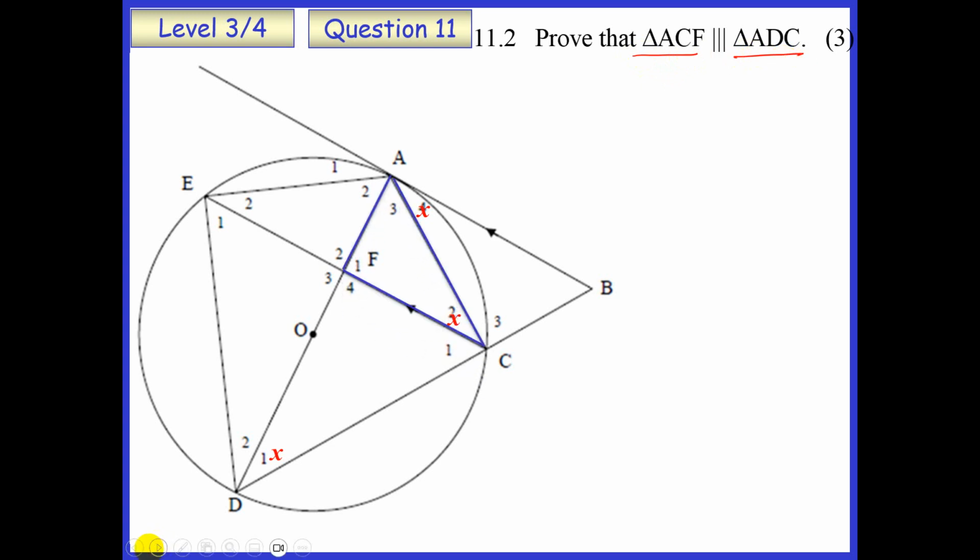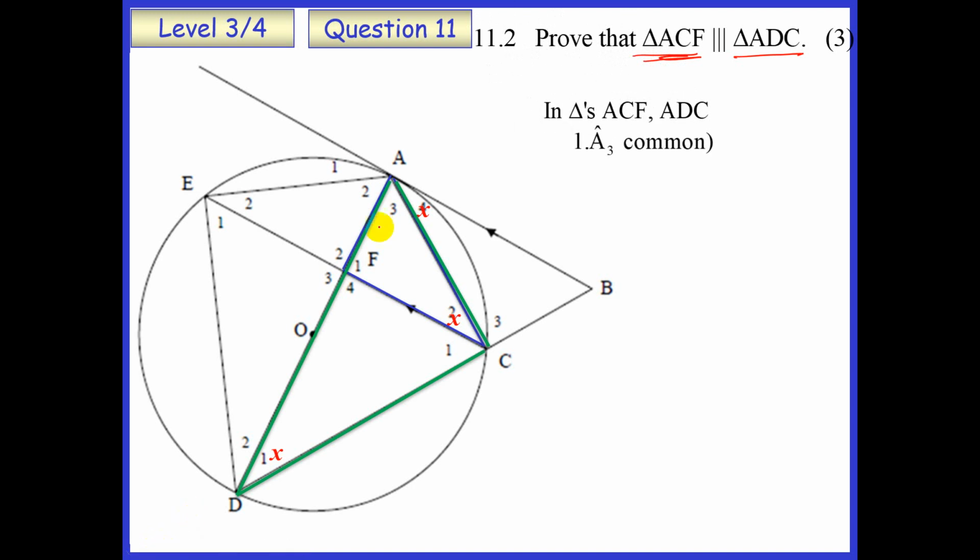There's our first triangle ACF, and we want to prove it's similar to the green triangle, which is called ADC. By inspection, when I look at those two triangles, I see a common angle, and that common angle is A3. You'll notice that A3 is common to both triangles.